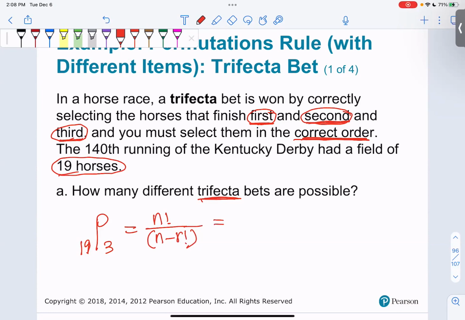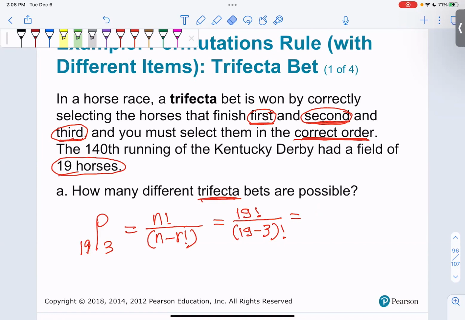Which is 19 factorial divided by 19 minus 3 factorial, which is equal to 5,814. Yes.